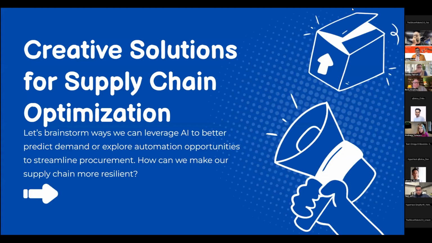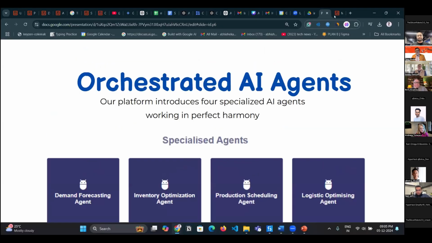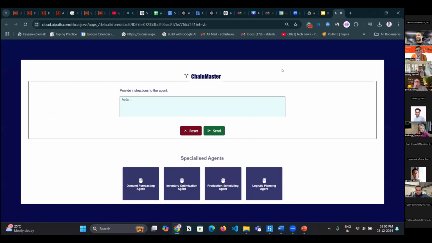Let me just introduce our project. This is our project, Chain Master. Here we can see there are multiple specialized bots and a single Chain Master. The Chain Master is responsible for deciding what to do or which agent should respond according to our query. We structured it this way because there are many privacy issues with giving our data to public LLMs.